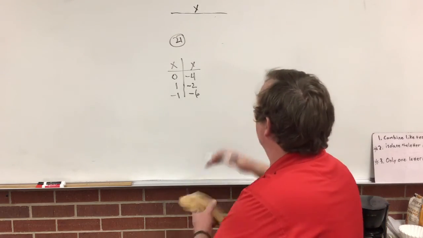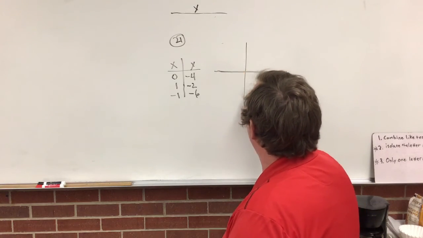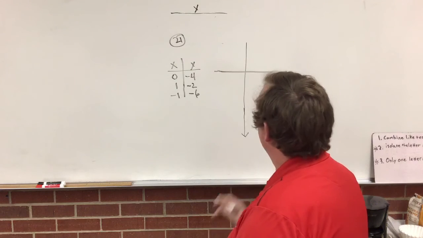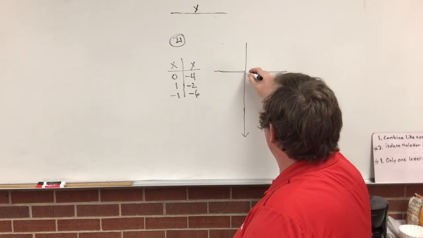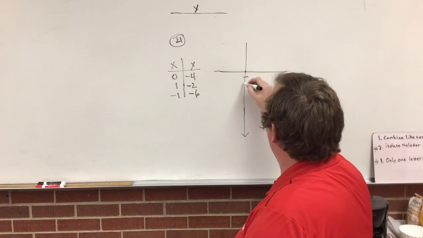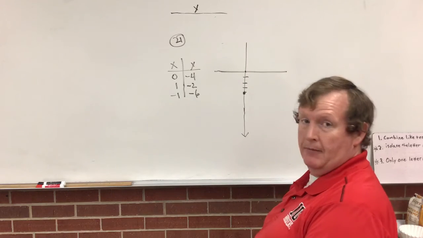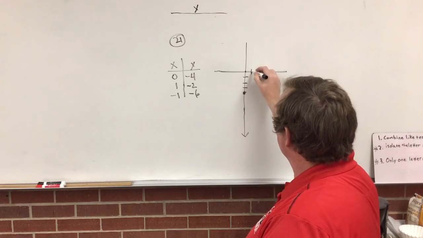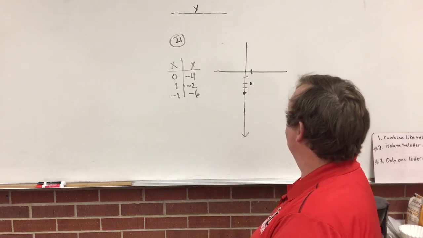And then we go back and put it on the grid now. My y is going to have to go deep here. Okay? So, when x is 0, y is -4. 1, 2, 3, 4. Put my point. When x is 1, y is negative 2. 1, 2, I go down 2.